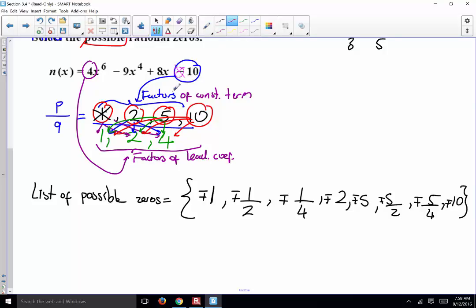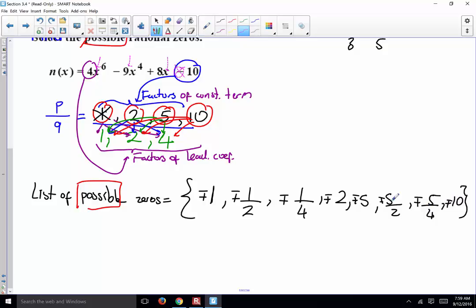Again, I will mark this one more time. Most people think these are zeros. When you enter these numbers into x, they think it is going to make 0. No, it's not. These are just possibilities. 1, 2, 3, 4, 5, 6, 7, 8 times 2. There are 16 candidates running for this race.